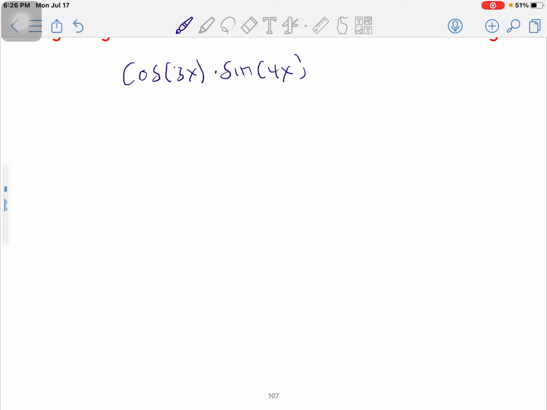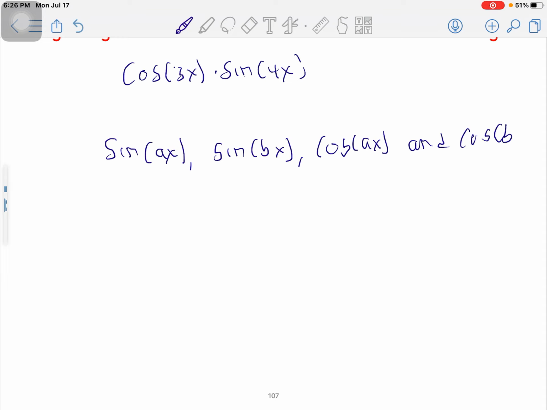So let's proceed here. To integrate a product involving sine of ax and sine of bx, and also cos of ax and cos of bx, we use these special trigonometric identities which came from the identities that I showed you not long ago.